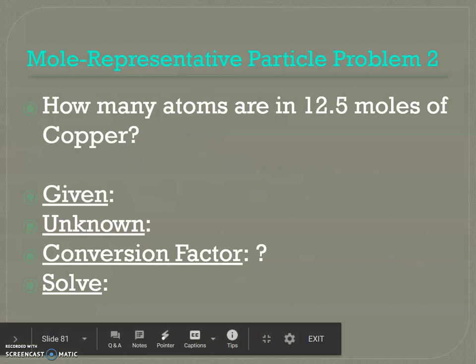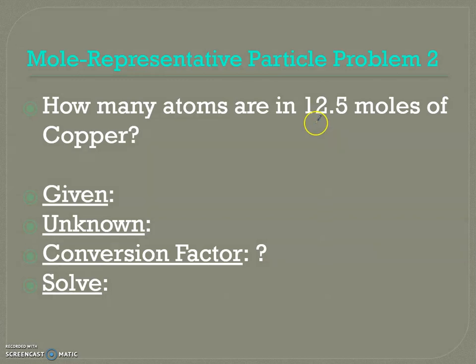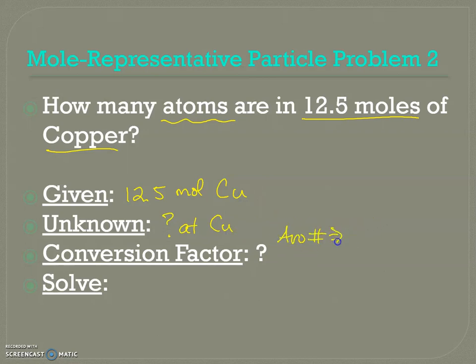The opposite is also true. How many atoms are in 12.5 moles of copper? So now I have 12.5 moles and I want to go to atoms. Notice it's not molecules this time because I'm talking about the element copper. So I want to know how many atoms of copper I have. The conversion factor is still Avogadro's number, which is 1 mole equal to 6.02 times 10 to the 23rd atoms.